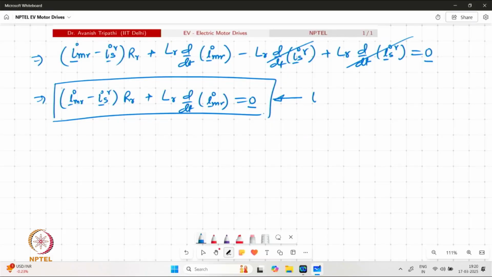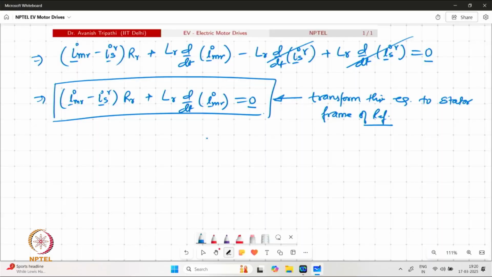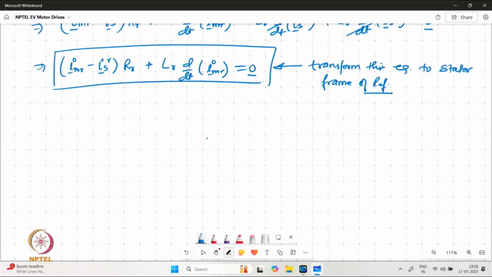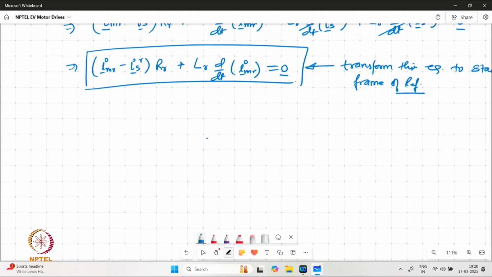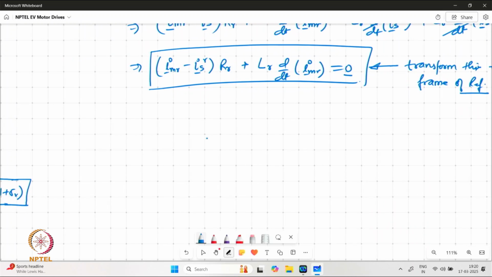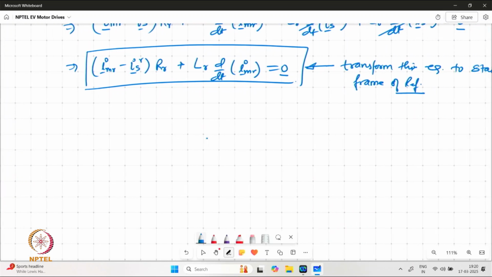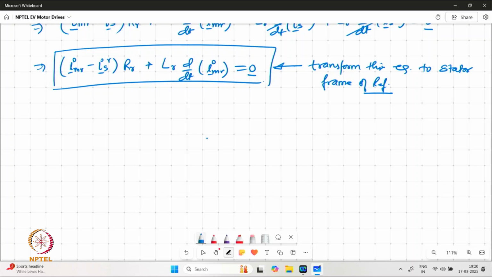So we need to transform it to a stator frame of reference because that is more convenient for us in terms of measurement and doing other calculations. However, from the definition we need to see how IMR can be transformed to the stator frame of reference.